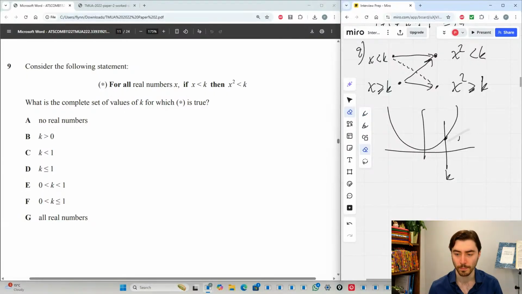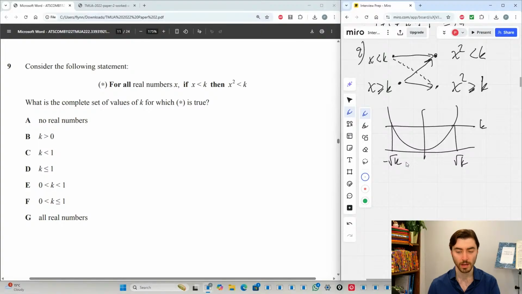No, I think I was right the first time. Let's drop, where is, because that's what I need to consider. So that is k, that is going to be root k, that is going to be minus root k. So it is certainly true that if x is less than minus root k, or if x is bigger than root k, sorry, no, we want where it's less than k. So in order for this to be true, we need x to exist in this interval. This is the interval for which x squared is less than k.